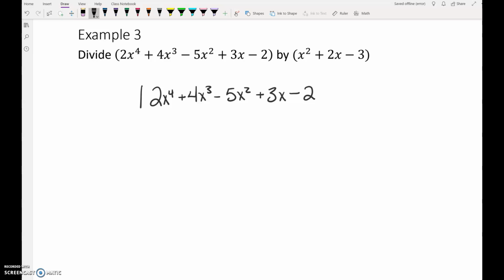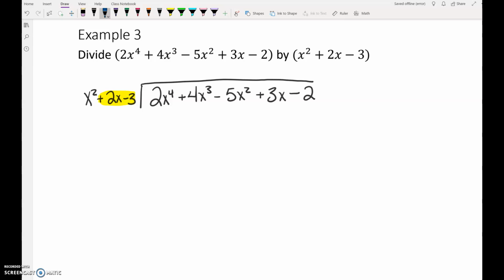You have to put a placeholder if you're missing any of those. We're dividing by x squared plus 2x minus 3. And just like in the others, we really only care about the first part of that. The plus 2x minus 3 will just come along for the ride when we do the distribution of the terms from the top.